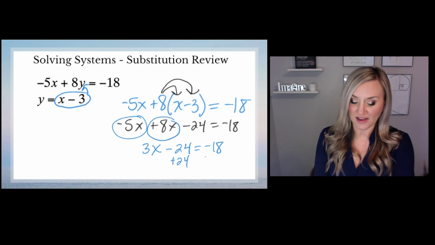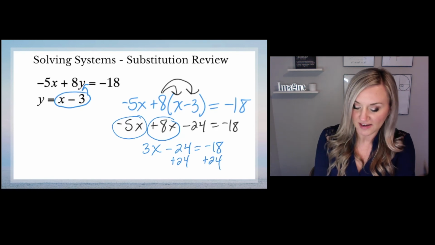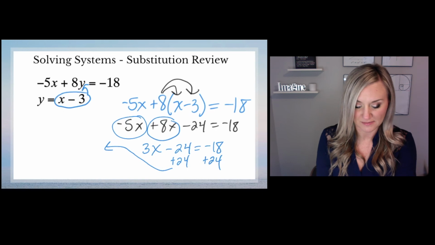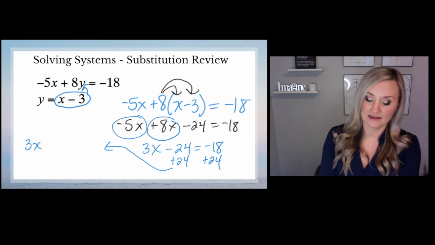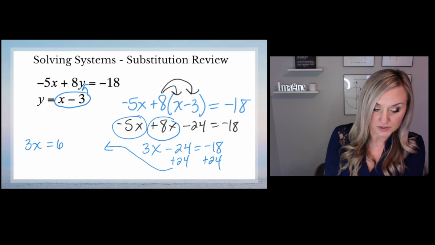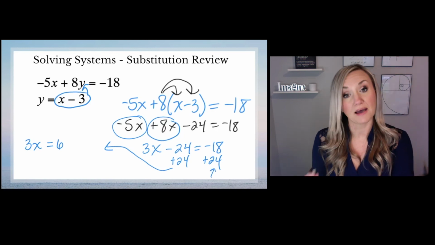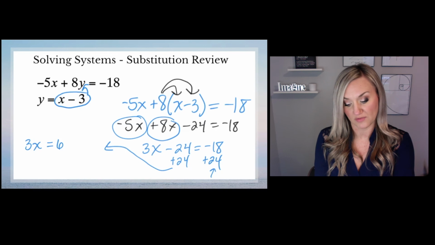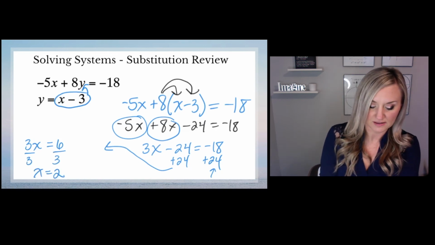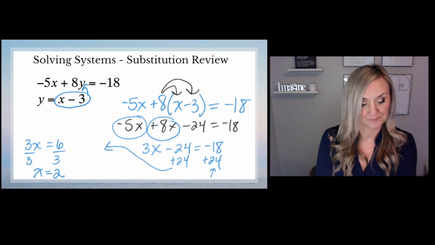All right, let's go ahead and add 24 to each side. And I'm running out of space, so I'm going to move myself over here. And now it's going to say 3x equals 6. And that's a positive 6 because we have the 24 minus the 18. And then when we divide by 3, we have x equals 2.